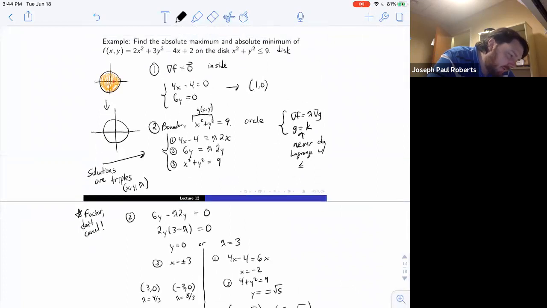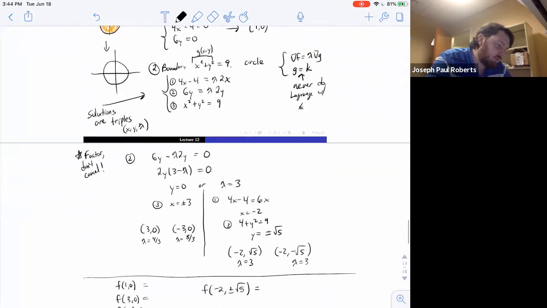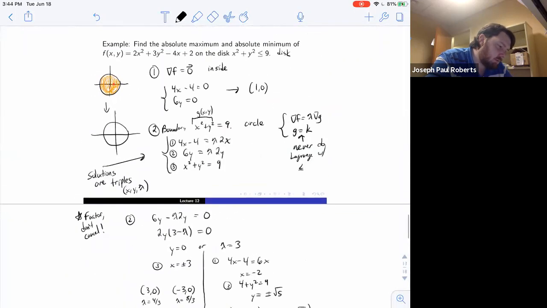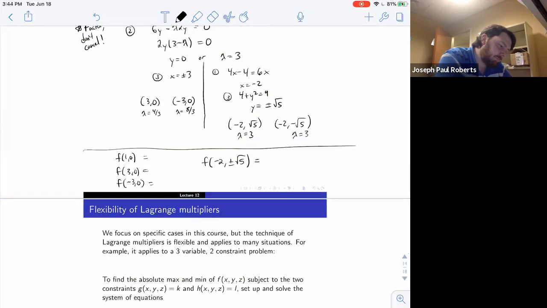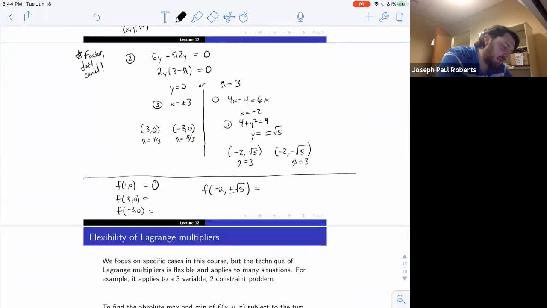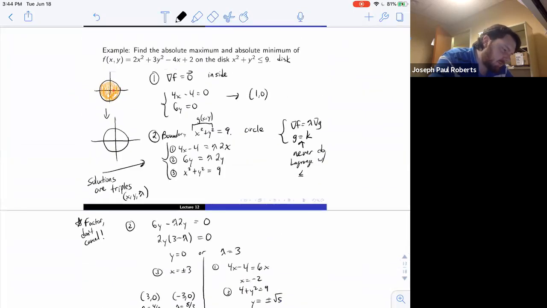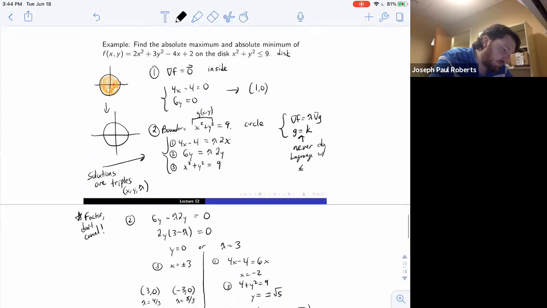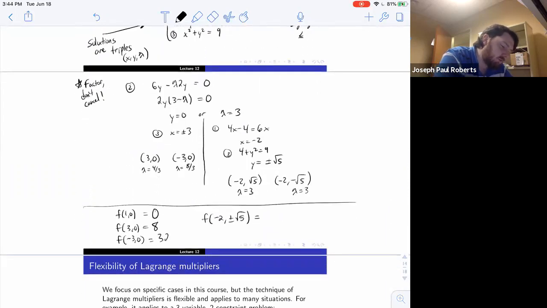So 1, 0 looks like it's what? 2 minus 4 plus 2, which is 0. F of 3, 0 is what? 18 minus 12 is 6 plus 2 is 8. F of negative 3, 0 is 18 plus 12 is 30 plus 2 is 32.